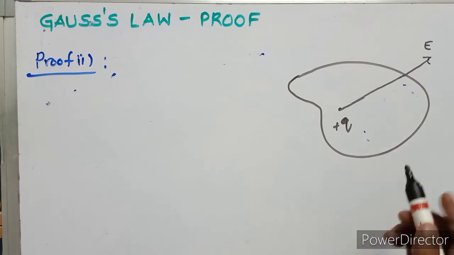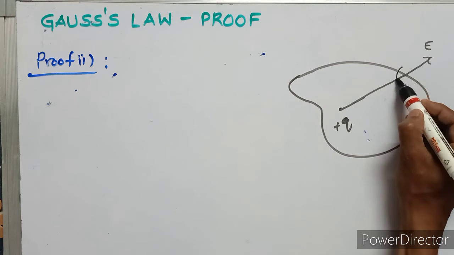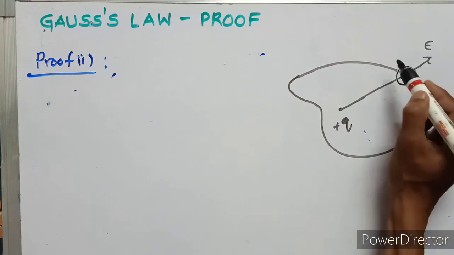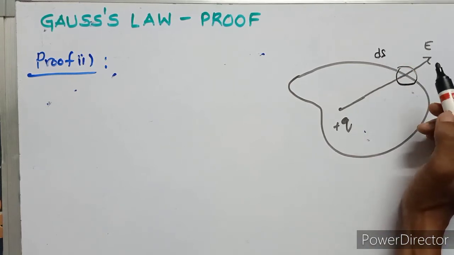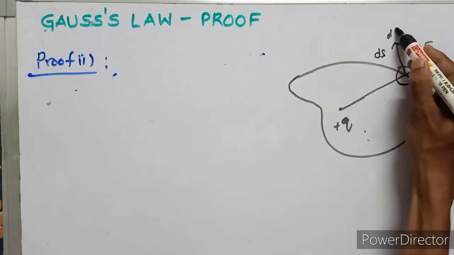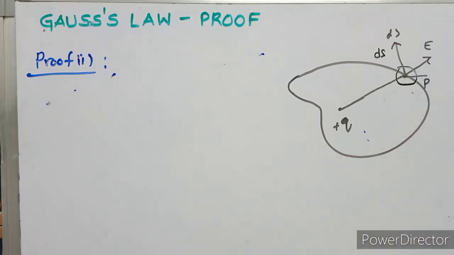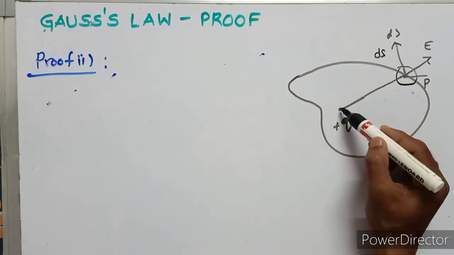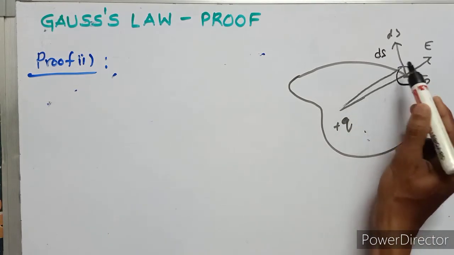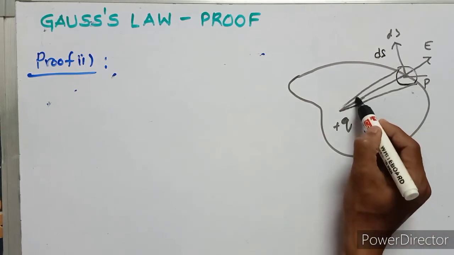This is some elementary ds, and this is the point P. Similarly, we construct a solid angle.